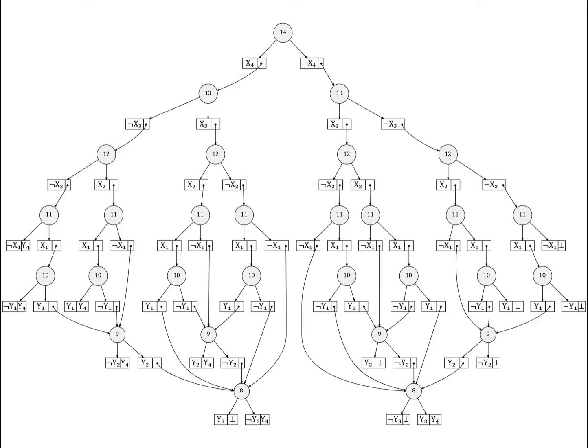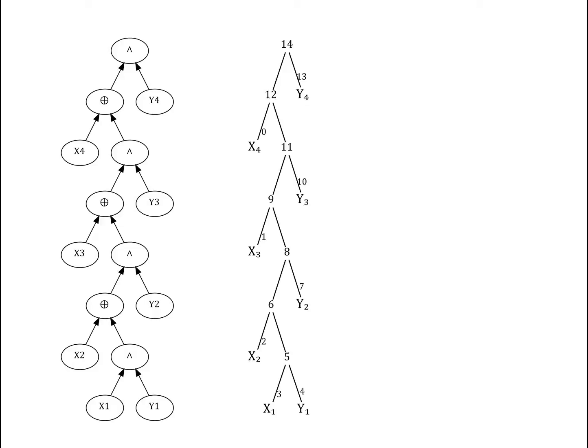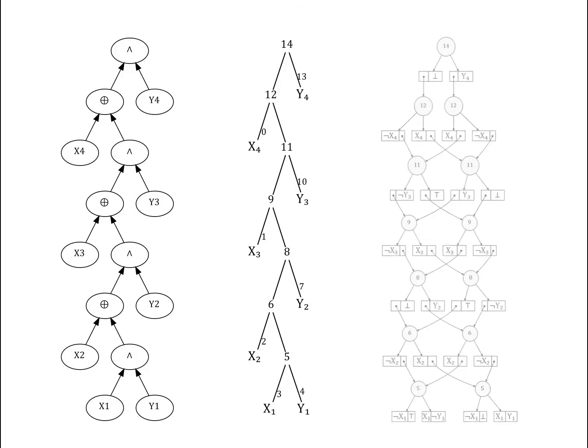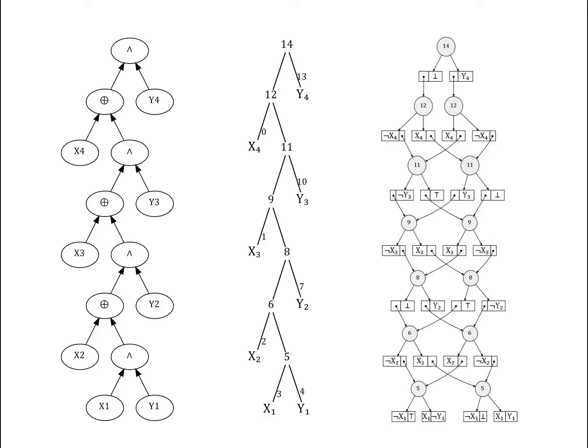This looks big and hairy, and in fact, this is exponentially sized in the number of x and y variables. But if we use this different Vtree, then the corresponding SDD ends up looking like this. And actually, this is linear in the number of variables. So here's an example where the choice of a Vtree made the difference between having a linearly sized SDD versus an exponentially sized SDD.